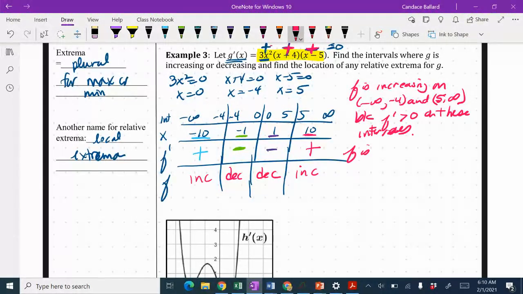F is decreasing on negative 4 to 0 and 0 to 5 because f prime is less than 0 on these intervals, or you could say negative.